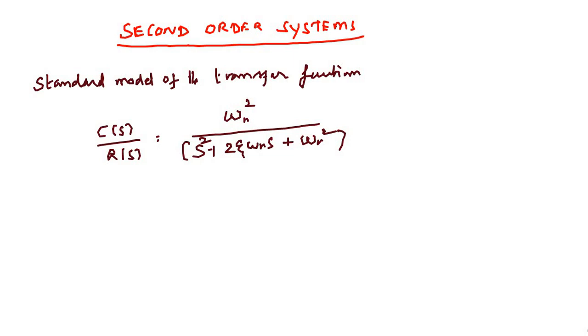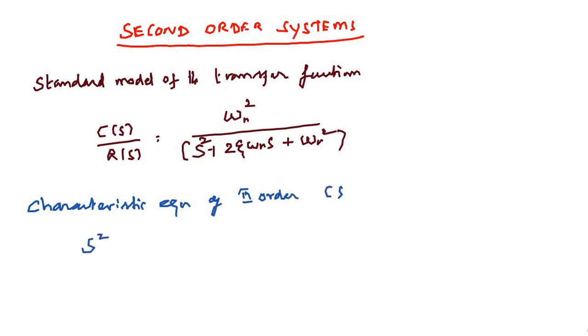That quadratic equation, when it is equated to 0, is called the characteristic equation of the second order control system.